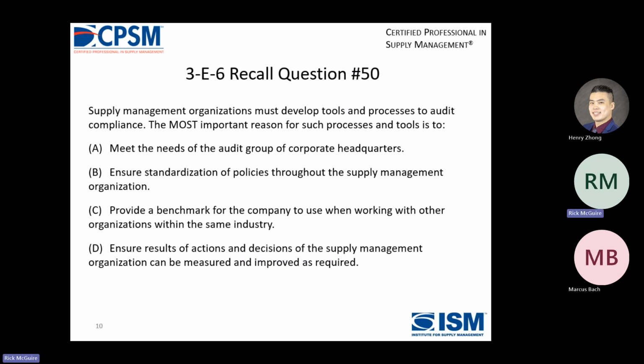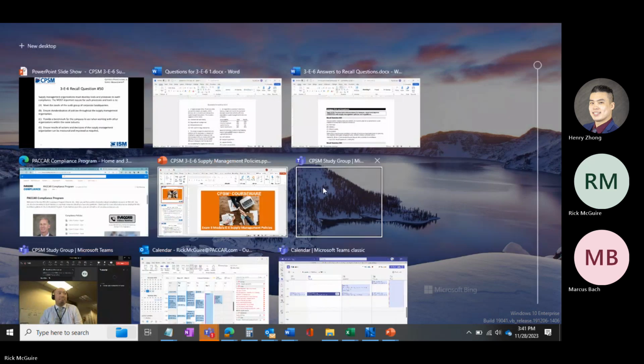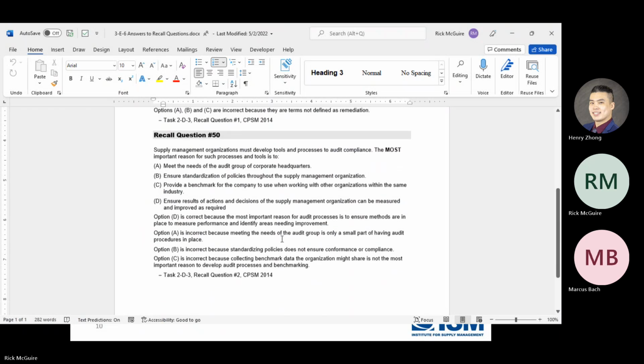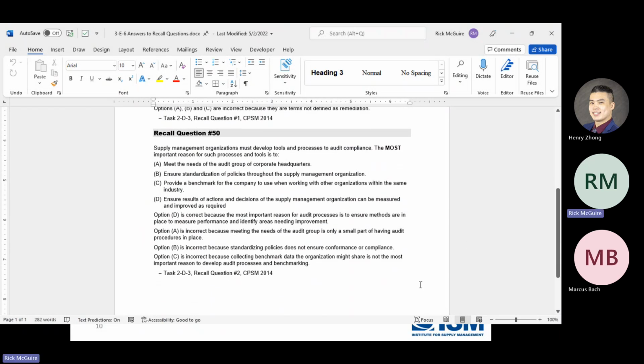And I think C you could throw out too. Which leaves us with ensure standardization of policies or ensure results of actions and decisions. Something tells me they're driving at D. Let's see. D it is.